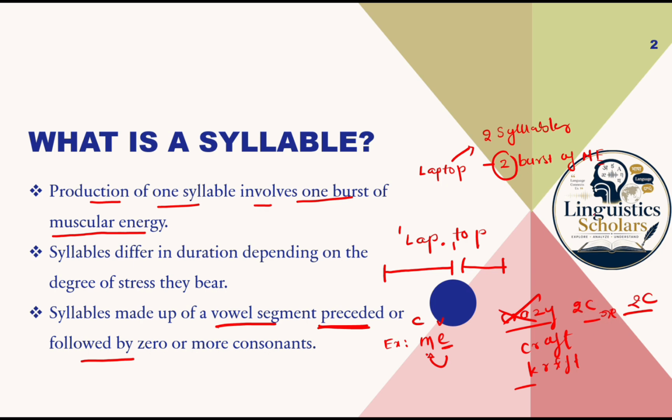So this is all about the syllable. It involves one burst of muscular energy, the duration of the syllable depends on the stress they bear, and the core of the syllable is the vowel, which is preceded or followed by zero or more consonants.